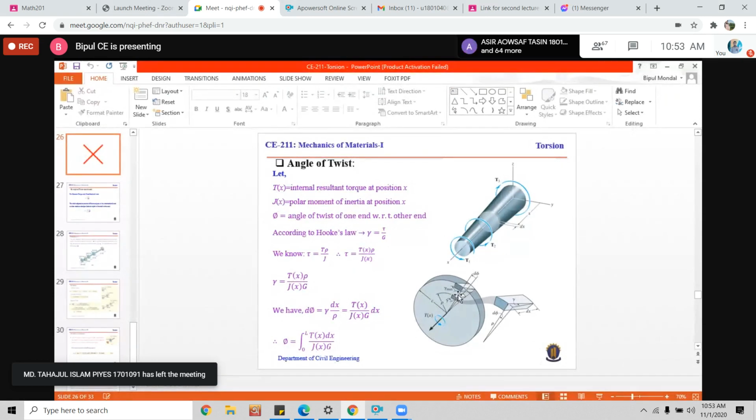Say due to the applied torque, the front surface has been rotated by 10 radians, and the back surface has been rotated by 6 radians. The angle of rotation of the front surface with respect to the back surface will be 4 radians.